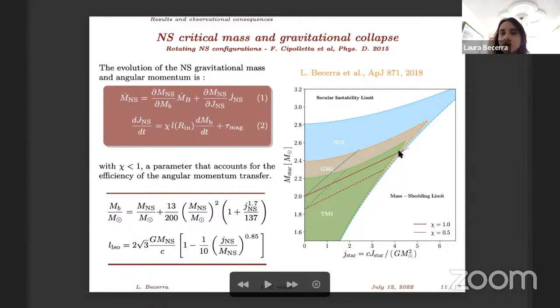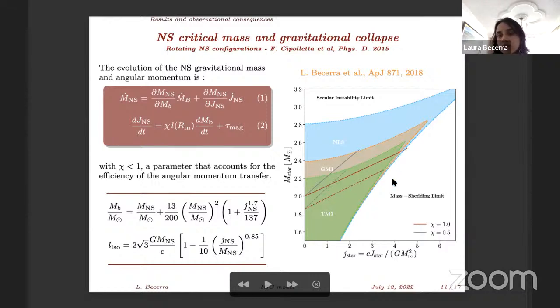And this means that they're going to rotate so fast that the material at the equator will be rotating faster than a particle in a Keplerian orbit. So probably the material will start to expel this matter that rotates faster, but we don't know if this can lead the star to a collapse or just to come back to a stable configuration.